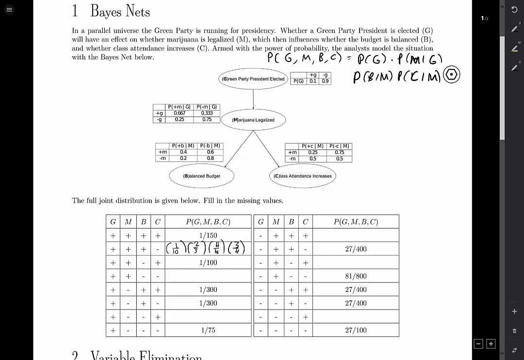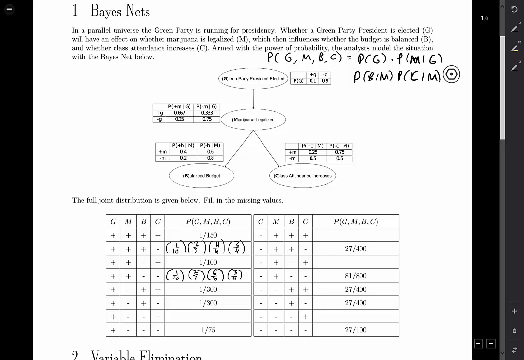Let's keep moving on. So probability of plus G is again 1 over 10. Plus M given plus G is 2 over 3. Minus B given plus M is 6 over 10. And minus C given plus M is 3 over 4. Cool.